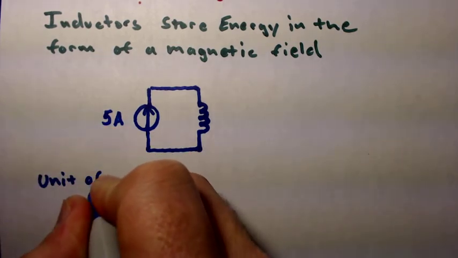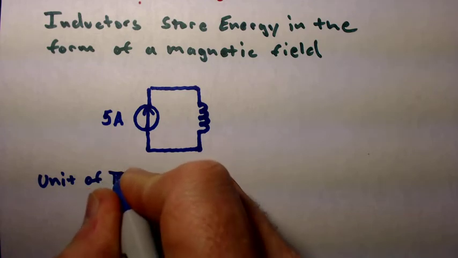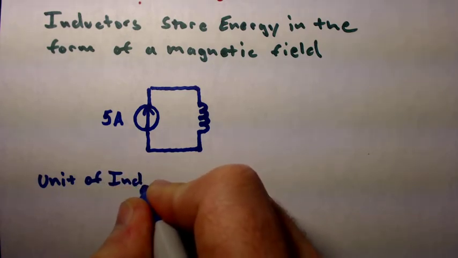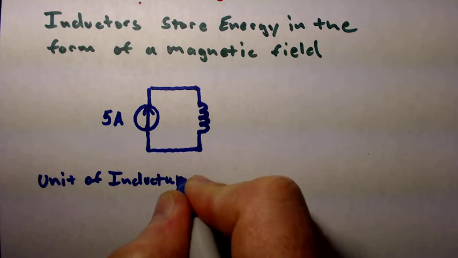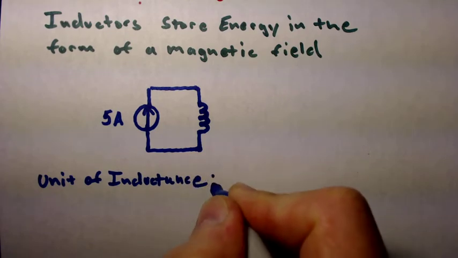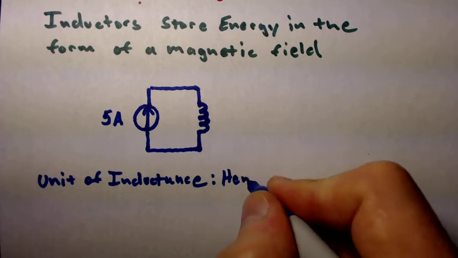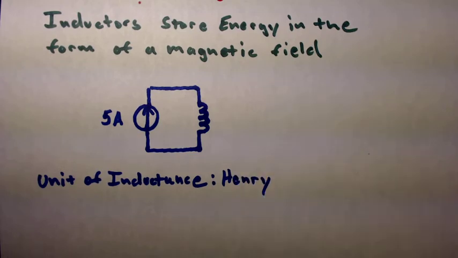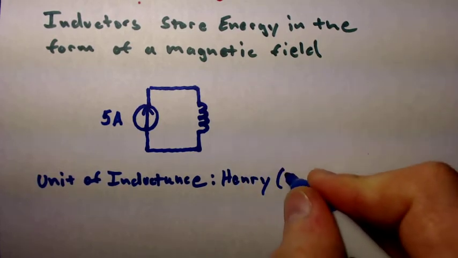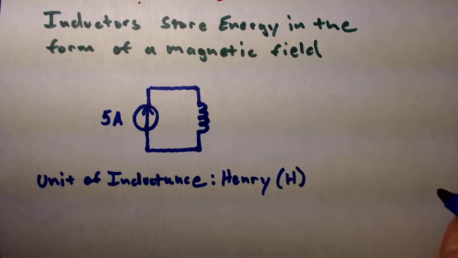The unit of inductance is the Henry, and we'll just abbreviate that as H. That tells us how much inductance this inductor has.